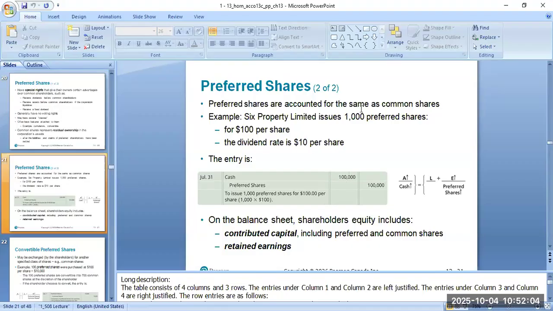We're going to receive $100,000 cash, and we're going to issue our preferred shares for $100,000. Now on the balance sheet, we're going to increase the contributed capital, and under contributed capital we're going to have common shares and preferred shares.